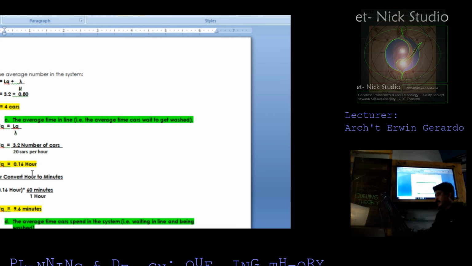To compute it, we need to convert hours to minutes. So 0.16 hours times 60 minutes divided by 1 hour. WQ therefore is 9.6 minutes. So this is the average time in line waiting to get washed.